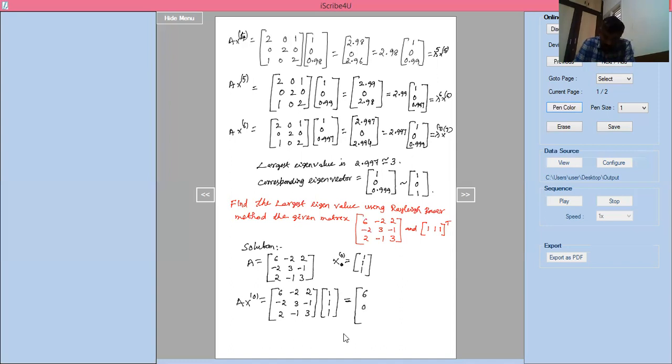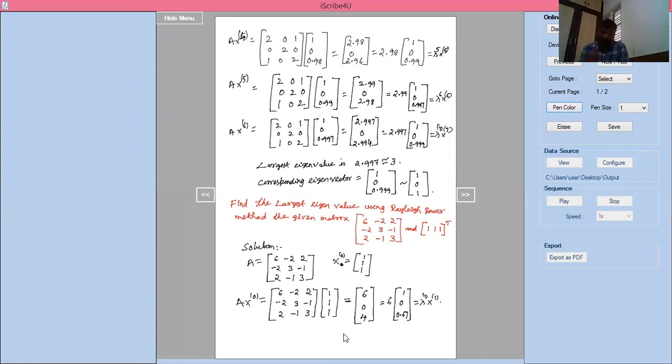Next one should be 4. If you take the 6 element outside, 6 is the largest element, so I'll get 1, 0, and 4 divided by 6 is 0.67. Now this I can write as lambda power 1 into x of 1.